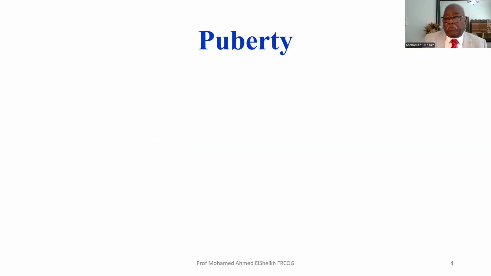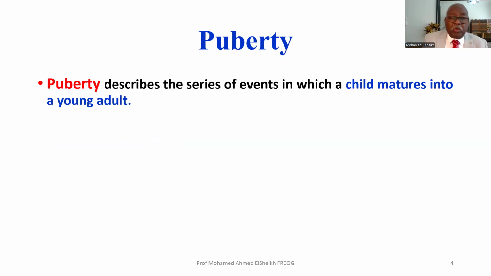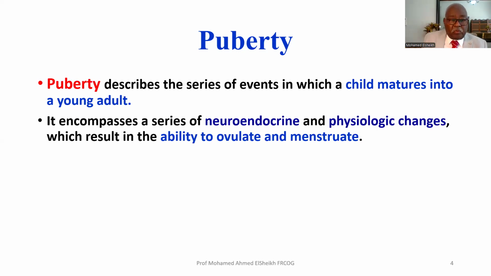So what's puberty? A simple definition for puberty is that it describes the series of events in which a child matures into a young adult. That's in general. Of course, here we are dealing with female puberty. Certain changes resulting from certain events change the child into a mature adult.